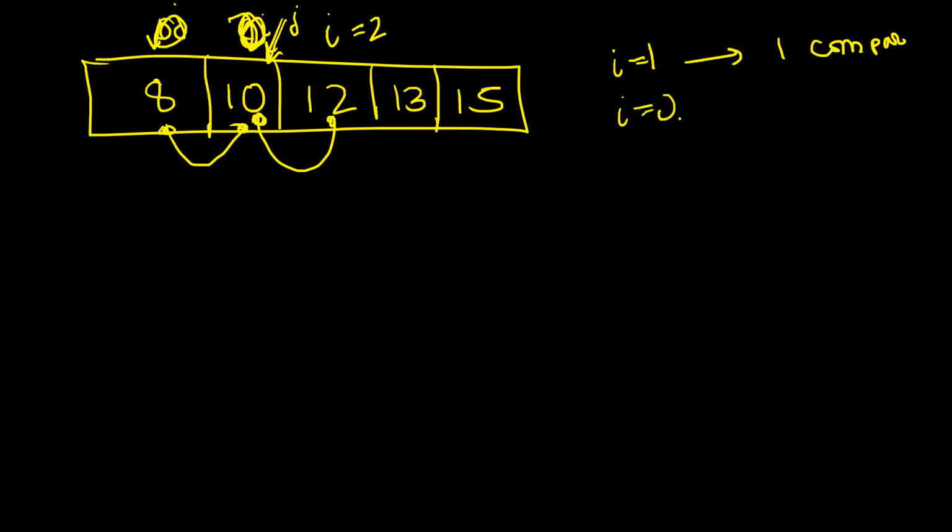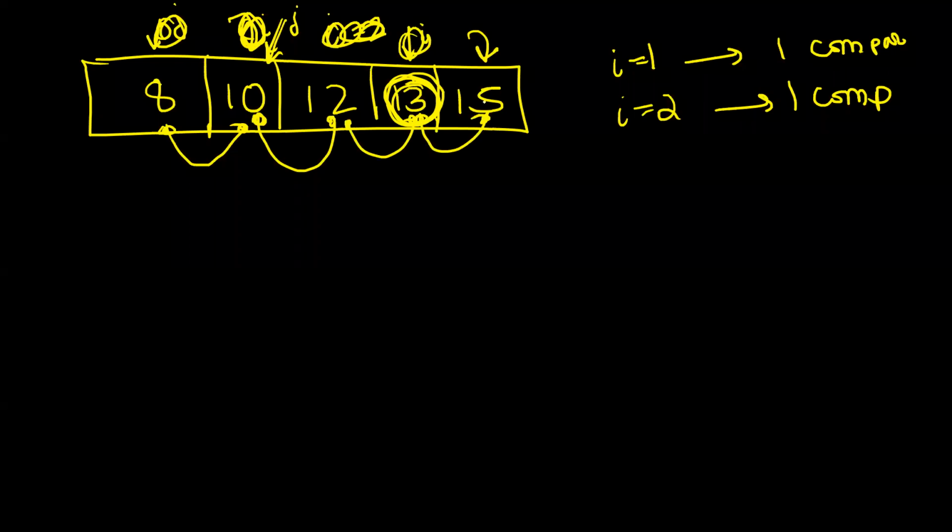So for I equal to 2, again you just do one comparison. Then again you increase I. Now I want to insert 13. You just compare 12 with 13. You see 12 is already less than or equal to 13, so 13 is already at its correct position. Then I will insert 15. When you compare 13 with 15, you see that 15 is already at its correct position.